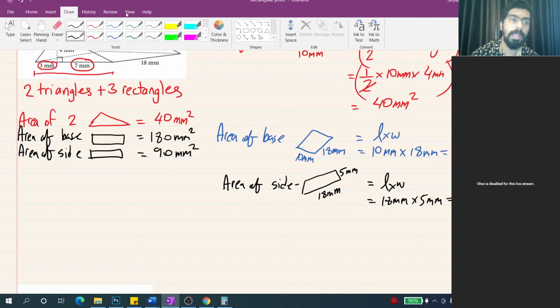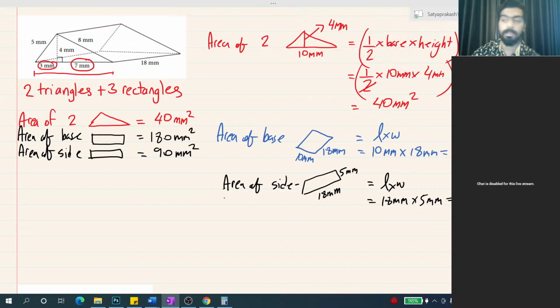And the last one we have is the area of the slope rectangle, which is this big one right here. We have 18 mm and 8 mm as the dimensions.